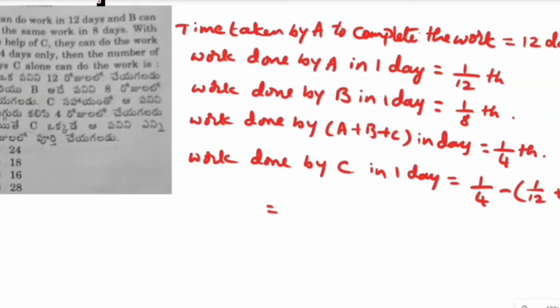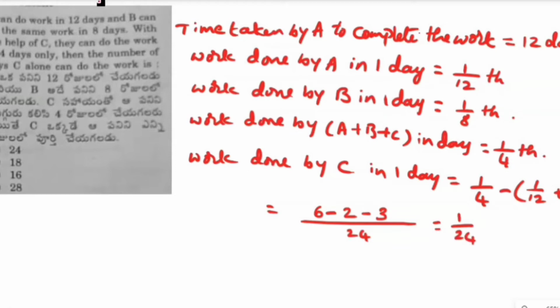Let us take the LCM of 4, 12 and 8, which is 24. 4 into 6 is 24, so 6, minus 12 into 2 is 24, so 2, minus 8 threes are 24, so minus 3.